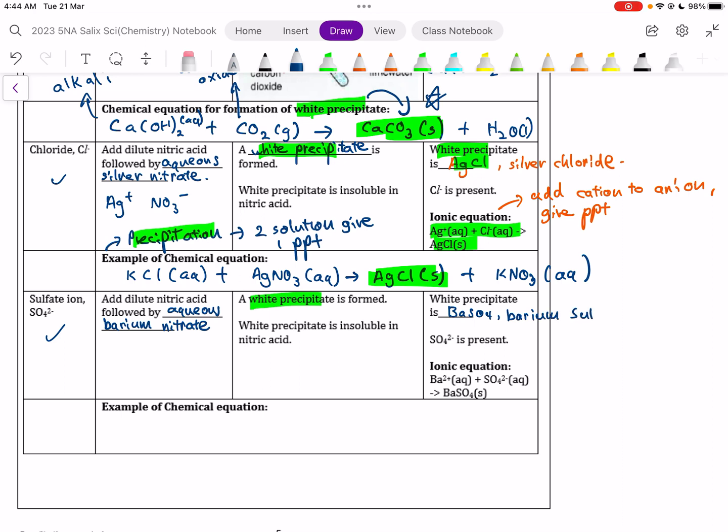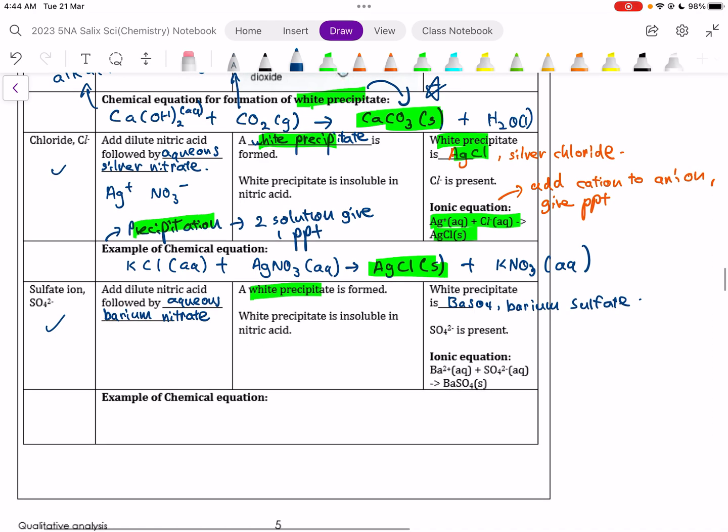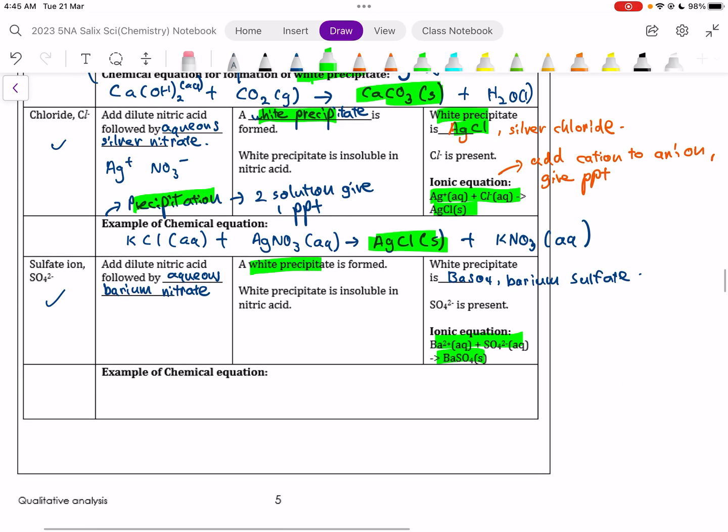So once again, you have the very important ionic equation as well as the chemical equation. You can use the shortcut, but later I show you the long way at the bottom.